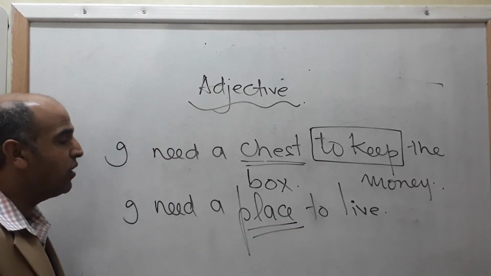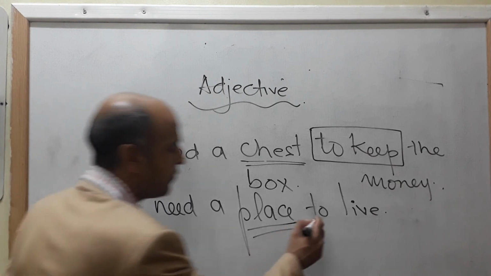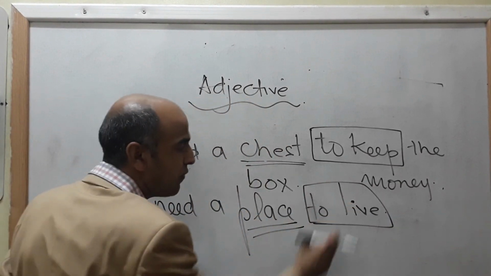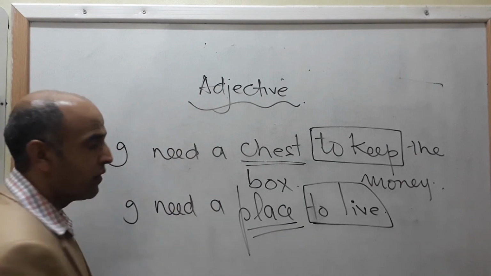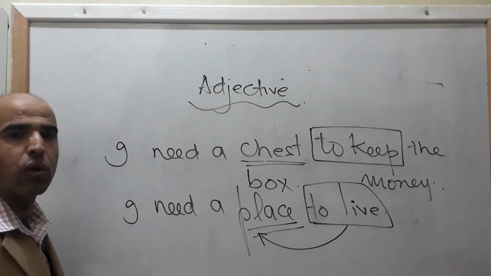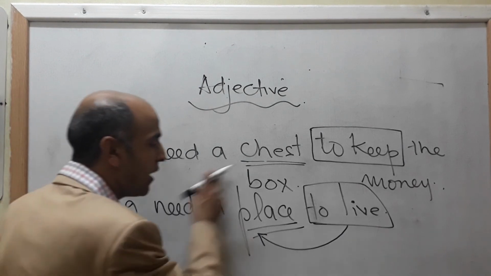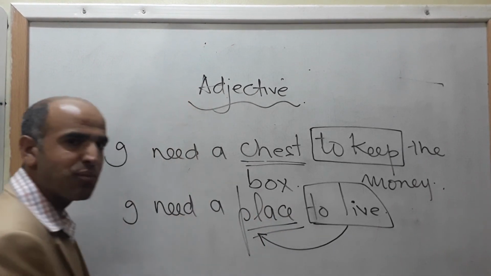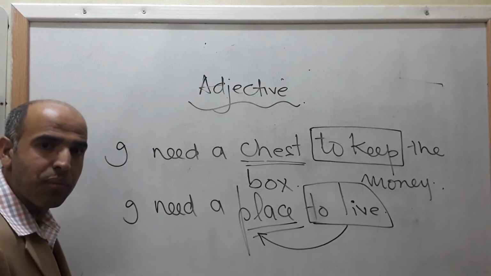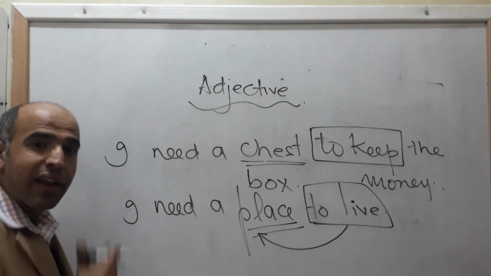Why do you need it? To live. रहने के लिए. Here, to live is your infinitive, but it is functioning as an adjective, because it is telling you something about your noun, that is place.